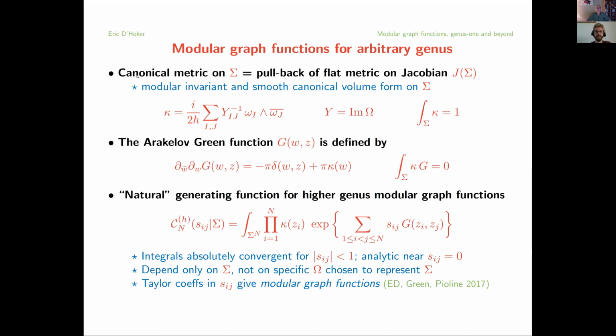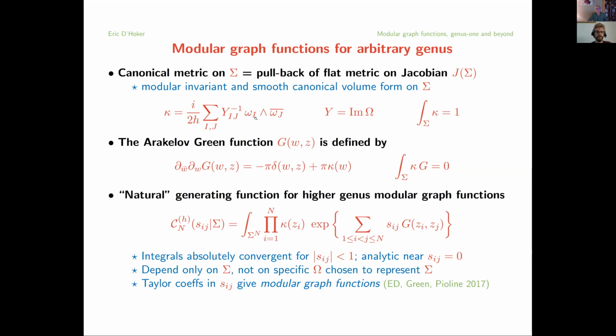So you can define a canonical metric on the surface by pulling back this flat metric on the Jacobian under the Abel map. And that gives rise to a modular invariant and smooth canonical volume form on sigma, or Kähler form, which I wrote down here.